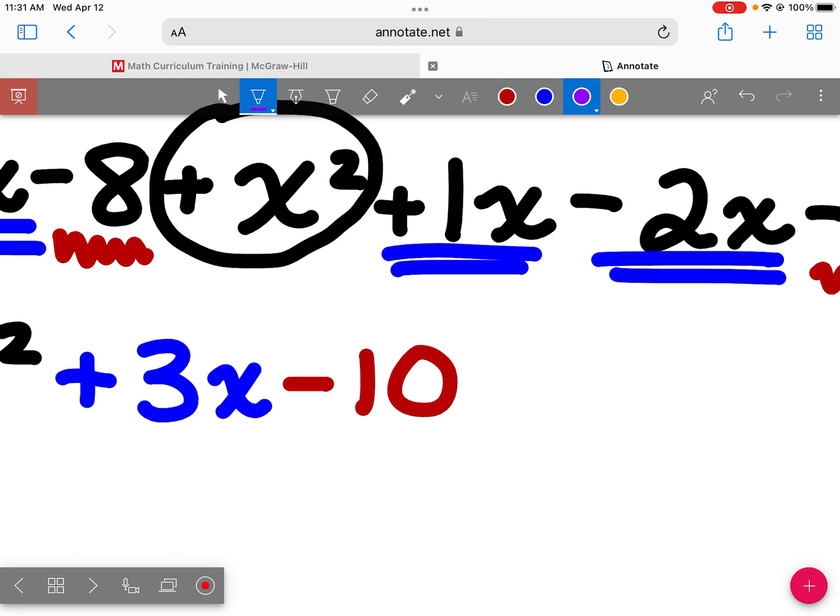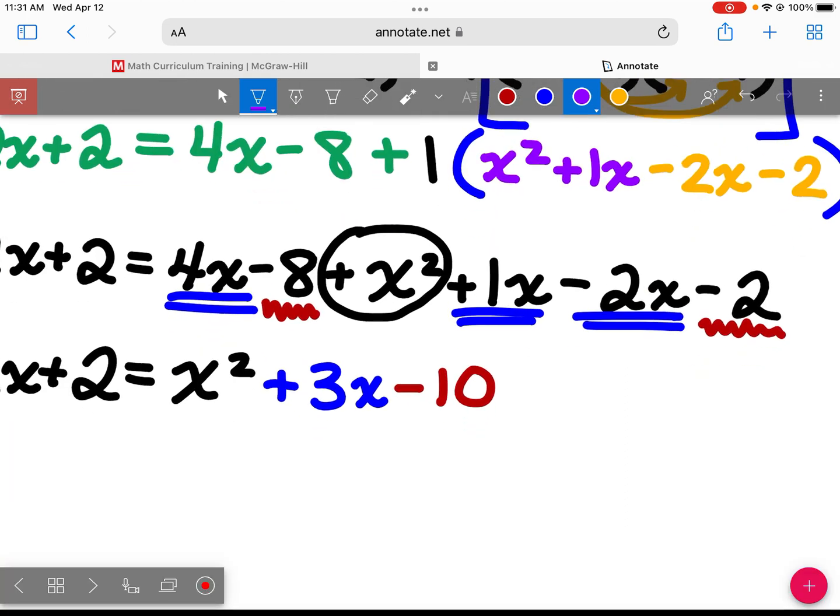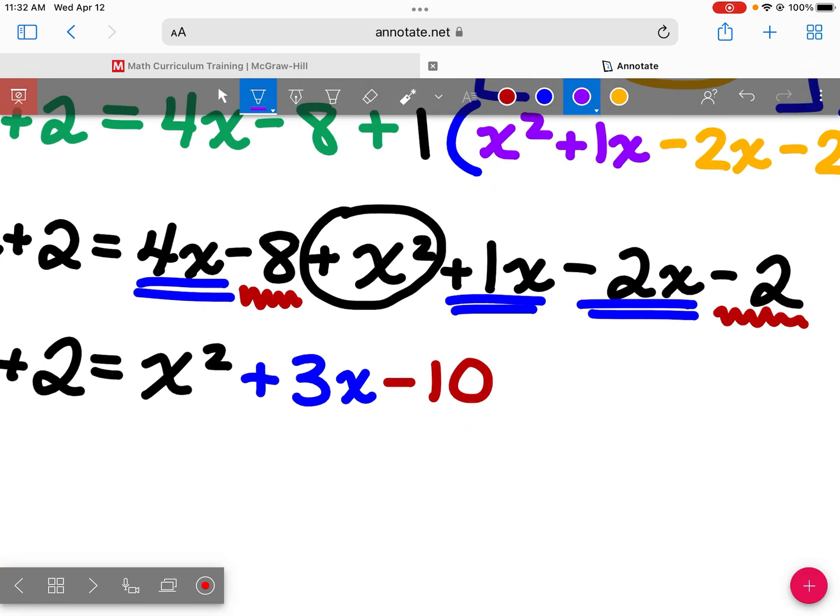All right. We canceled our denominators. We distributed. We've combined our like terms to clean it up. We're ready for our last step. What's the last step? Solve for x. What kind of equation am I needing to solve? Hint, it starts with a Q. Quadratic.